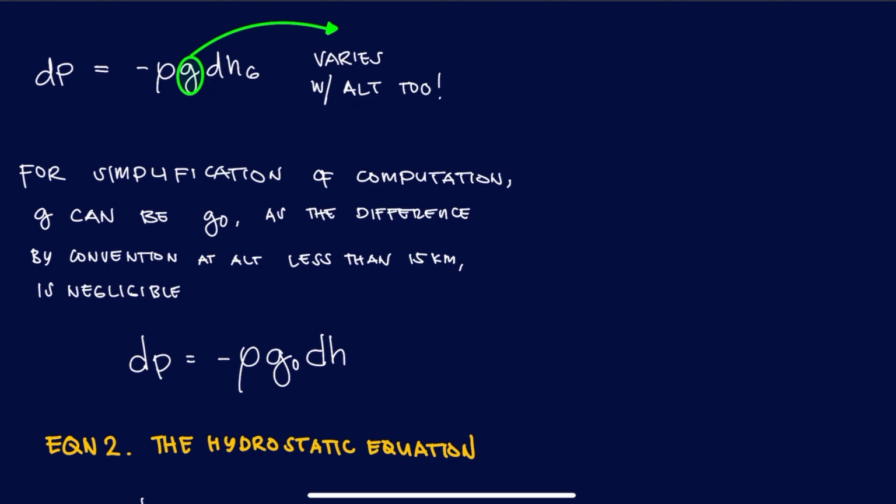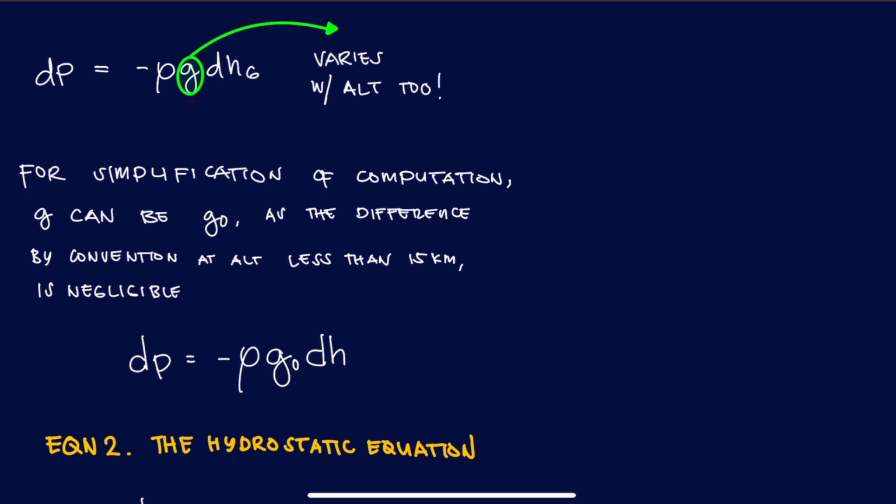For modeling purposes, the value that we can use for G is the gravity at sea level. By aeronautical convention, by agreement and by data itself, the variation of the acceleration due to gravity at altitudes less than 15 kilometers is negligible.